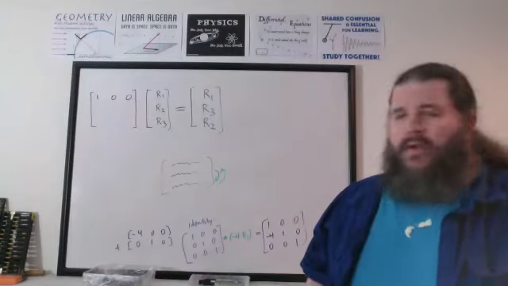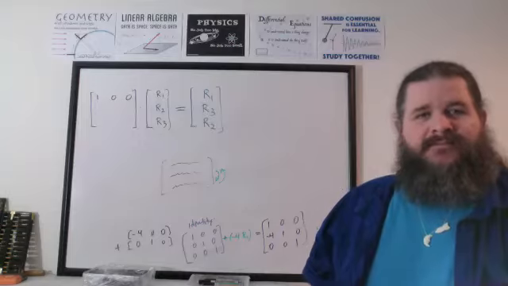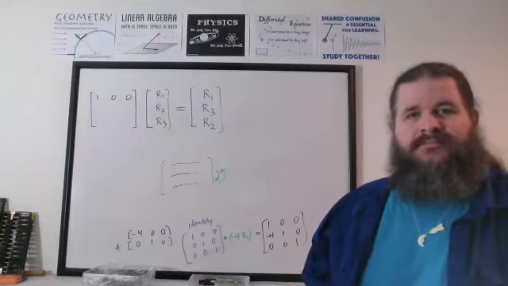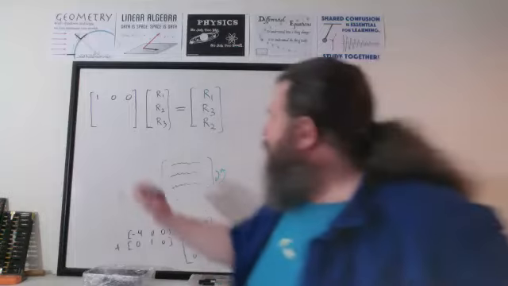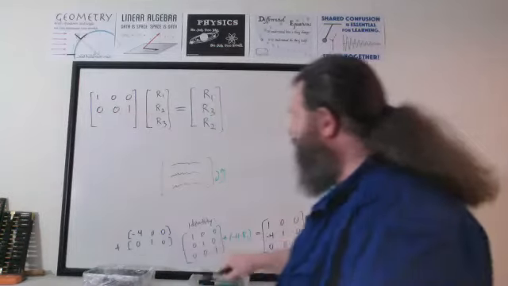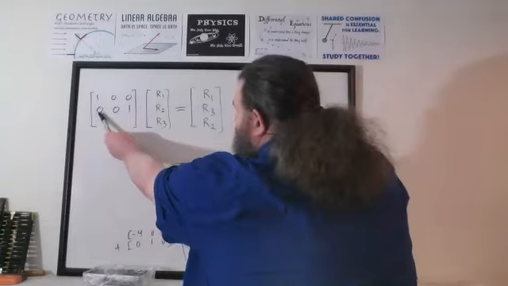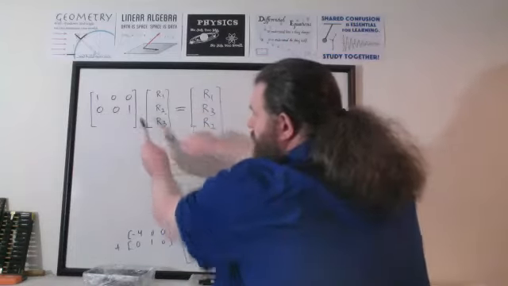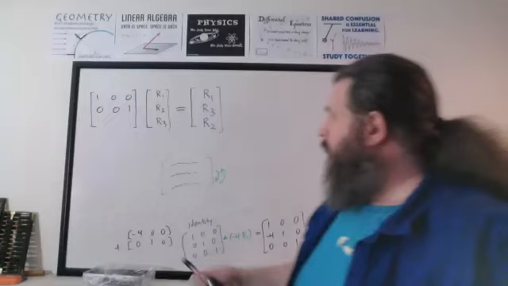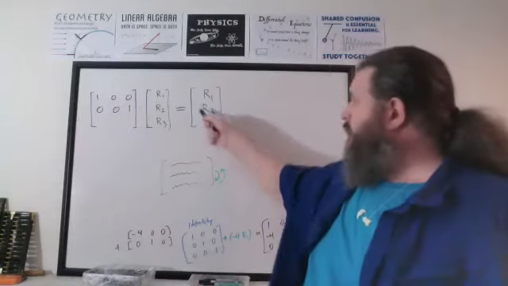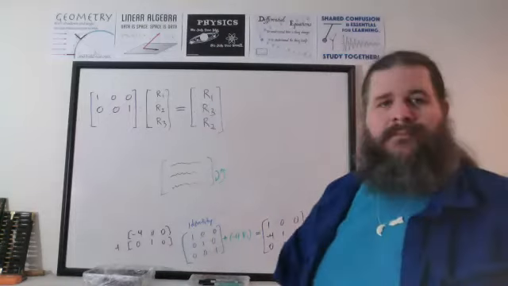But what are we doing to row 2 and row 3? Row 2 would be 0, 0, 1. Yeah, because if we interpret that as instructions or a recipe, this is saying take nothing from the first row plus nothing from the second row plus 1 times the third row. In other words, take the third row exactly as is, but in terms of position, put that as the new second row.